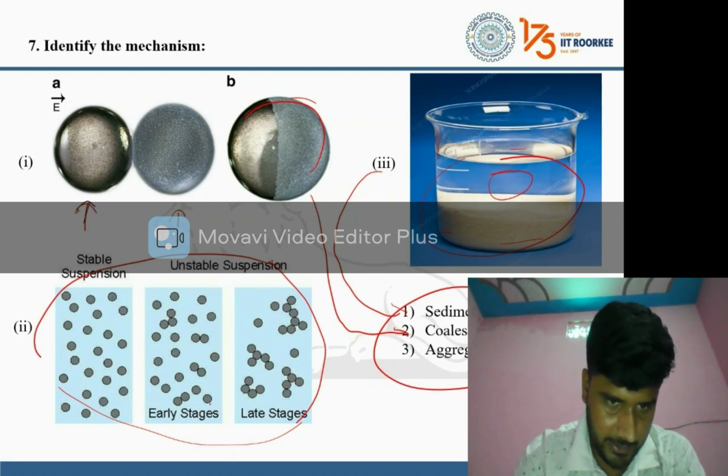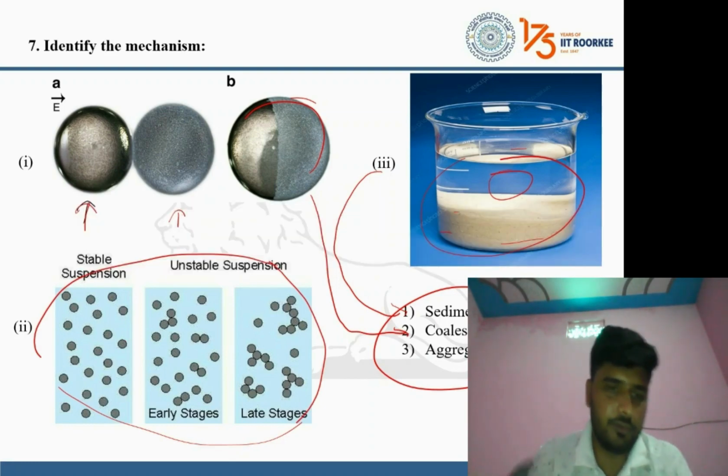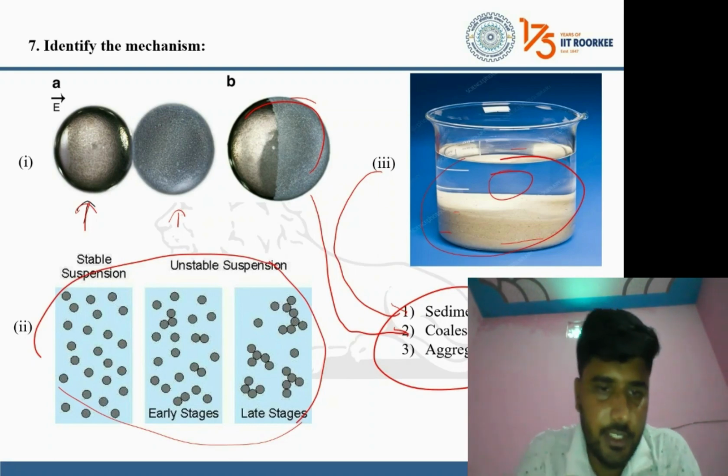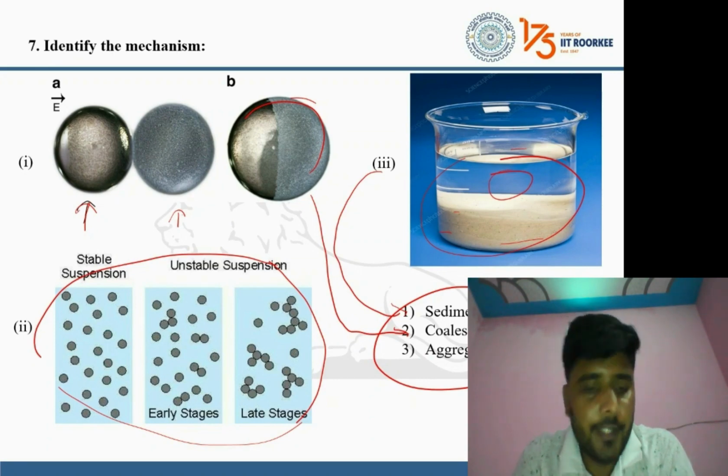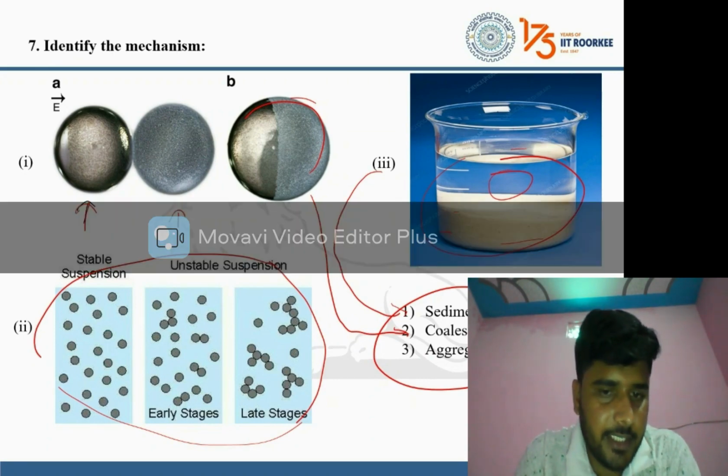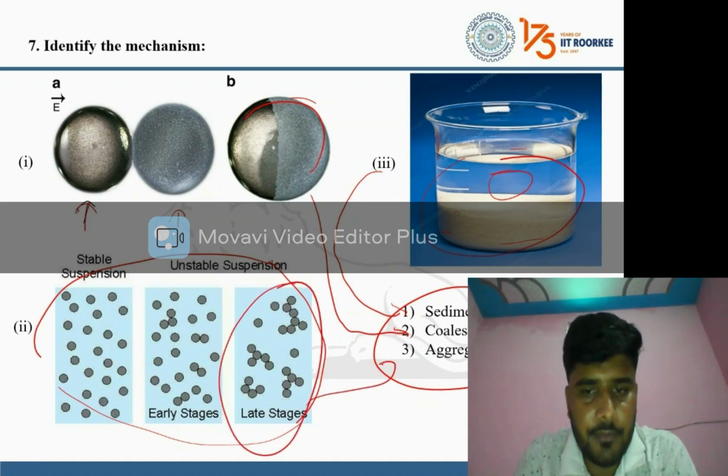In earlier stages, when the Brownian motion arises due to the thermal energy, there is colliding of particles with each other, and in later stages they will form the aggregates. So the third option will be appropriate for the aggregation property.